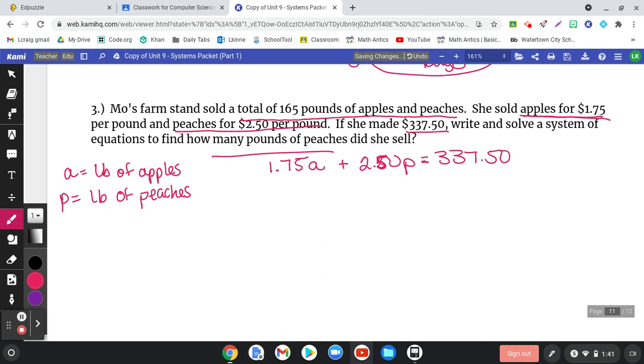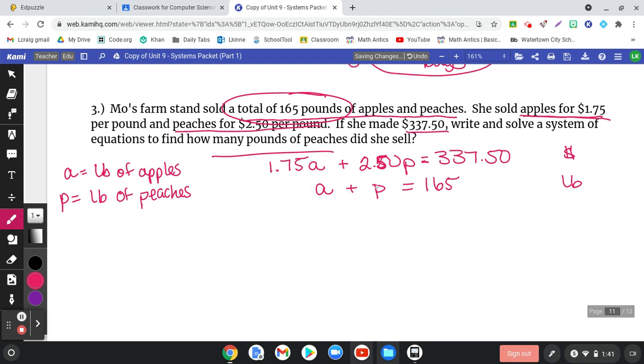Now, the other part of this comes from actual pounds. See how it says total of 165 pounds? Well, we don't know how many pounds of apples or peaches, so we'll just say A plus P has to equal 165. So you have one for the cost and one for the number of pounds. Keep them separate.